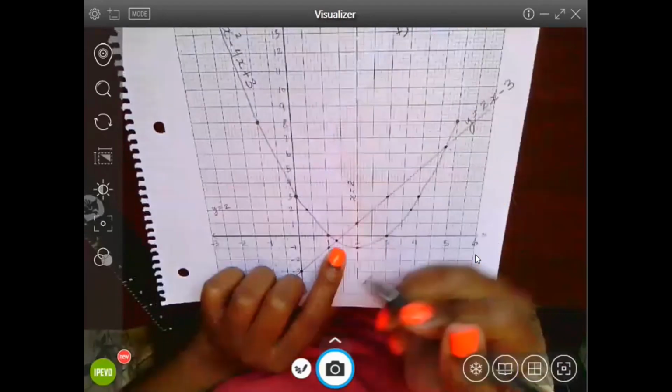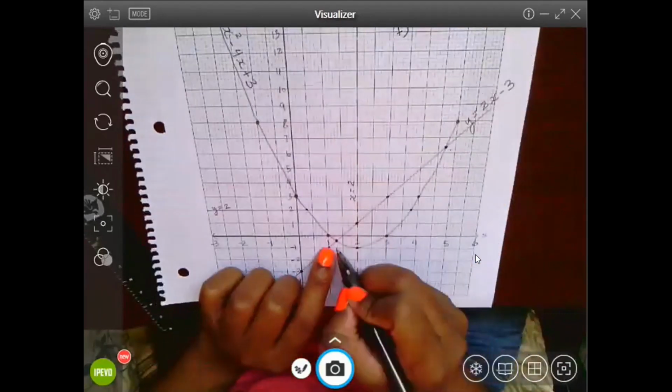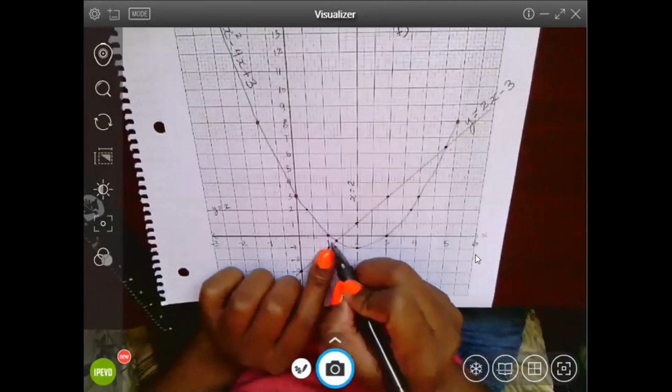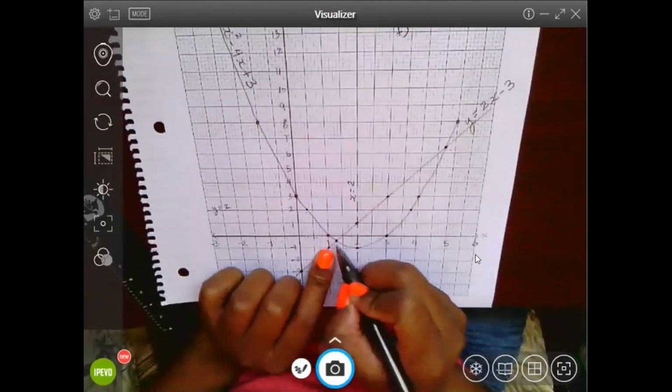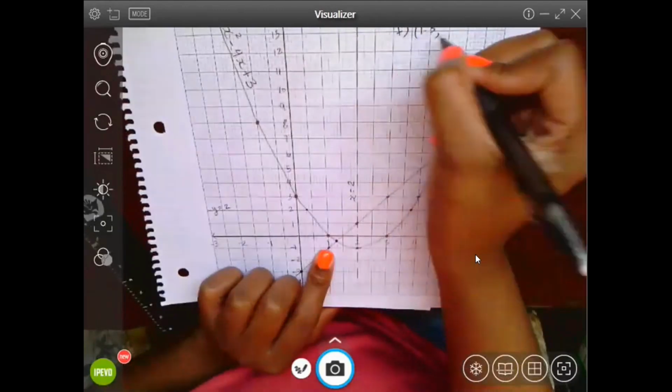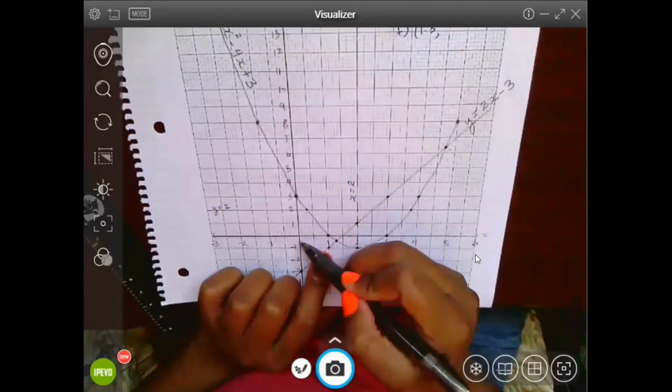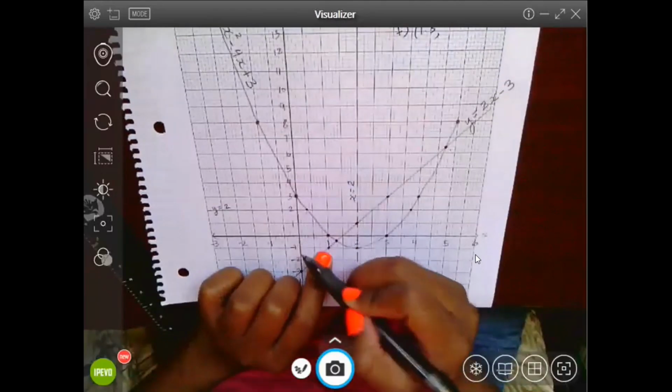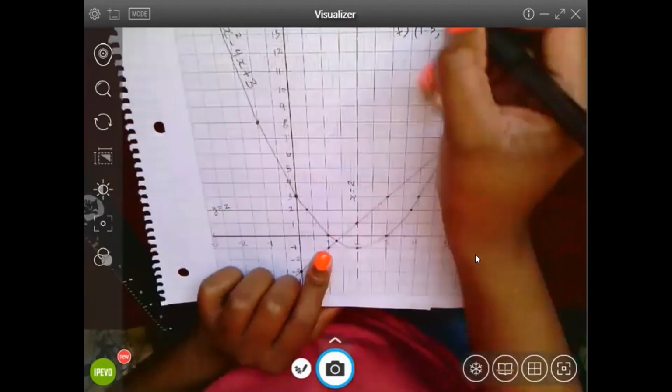For this one, x is going to be 1.3, and my y is going to be -0.4. That's my first place where they intersected.